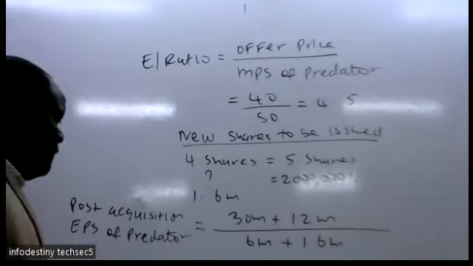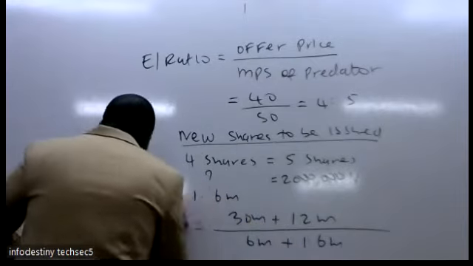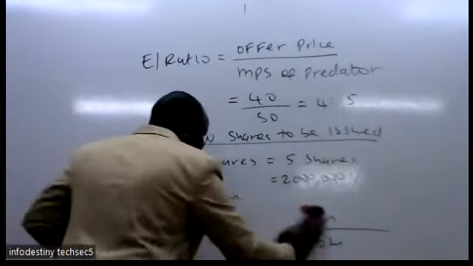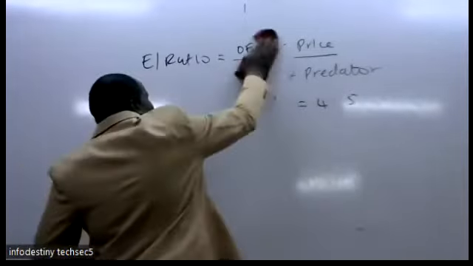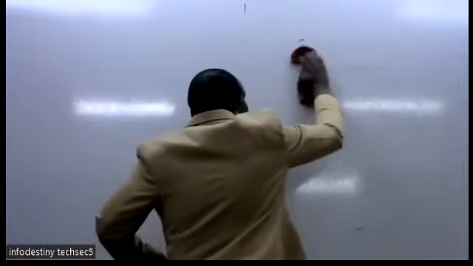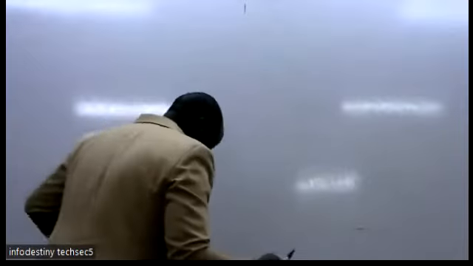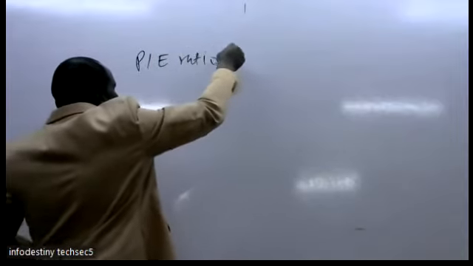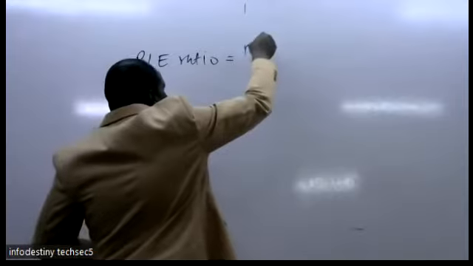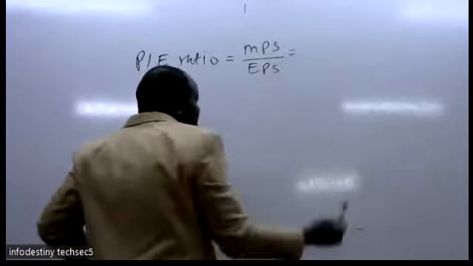We remember the concept of the price earning ratio. The price earning ratio is remaining the same. The price earning ratio should be market price per share divided by the earning per share.